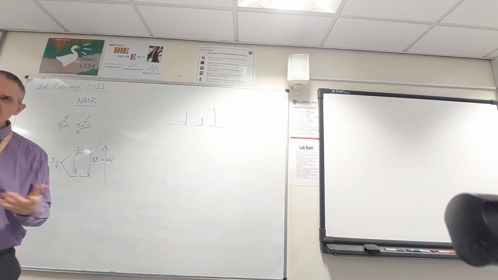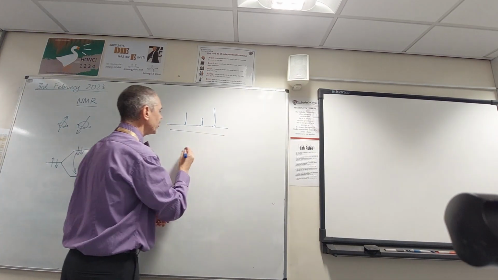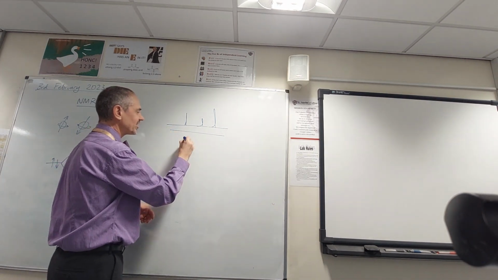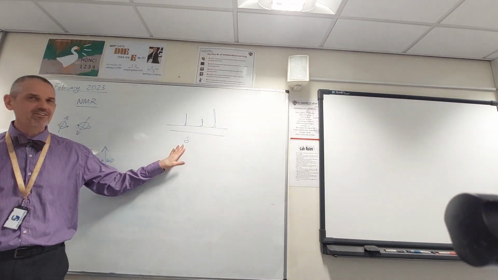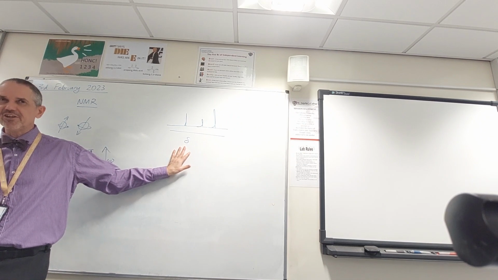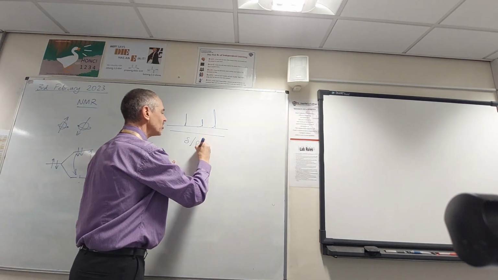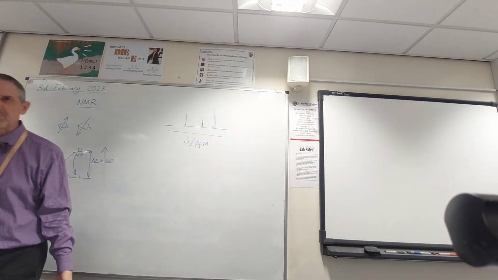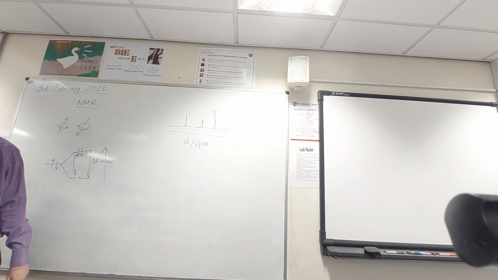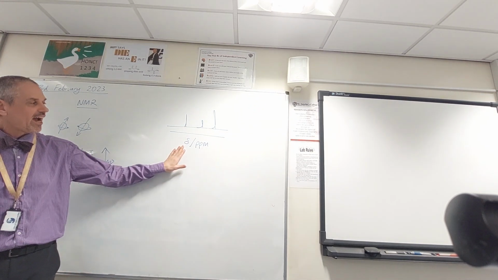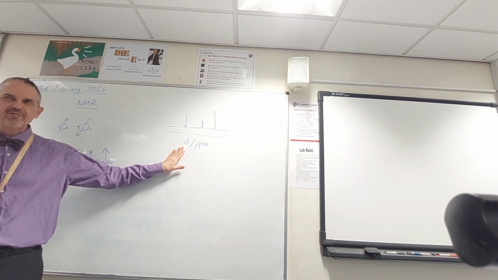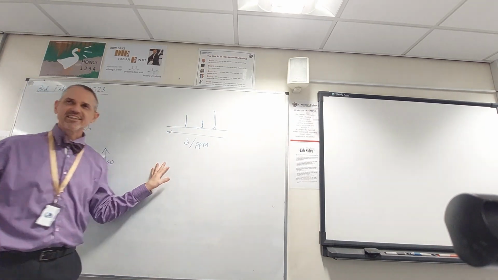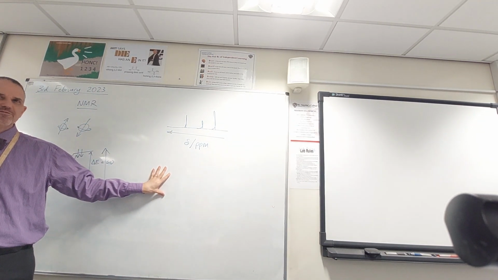For reasons that I don't really want to go into, the scale here is not actually in frequency units, it's a dimensionless scale in parts per million. If you could just accept that, that makes it easier. And for reasons that I've never quite understood, the axis goes to the left.